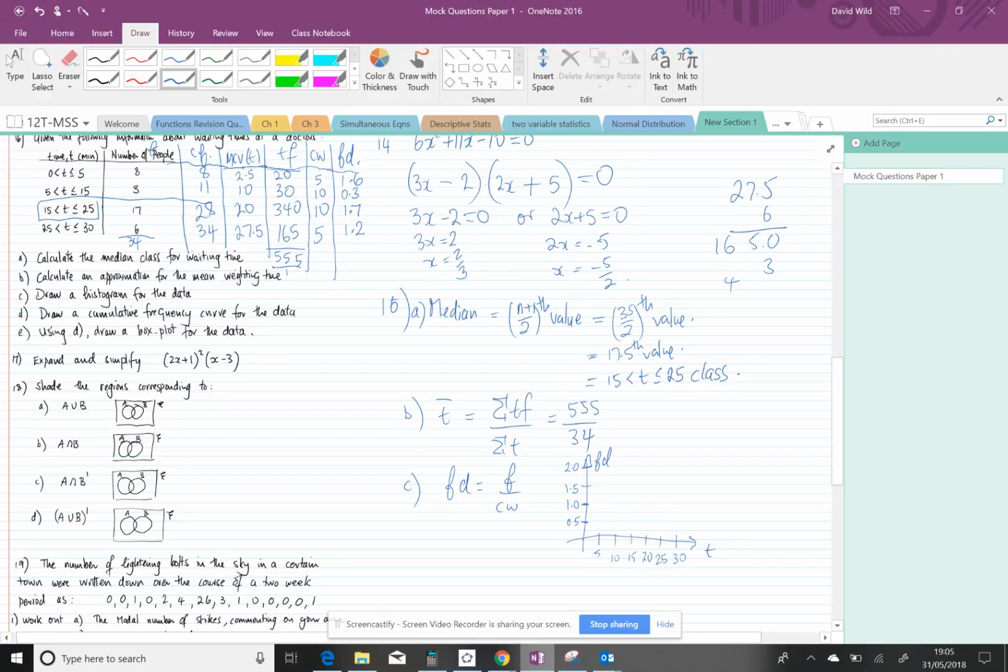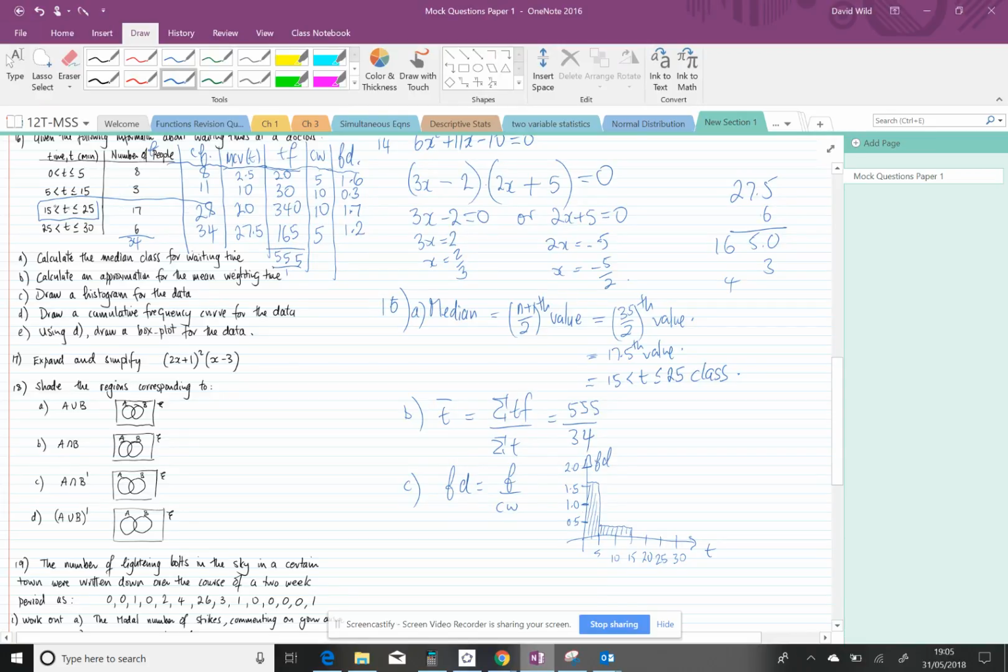So let's do our first class. 0 to 5 has a frequency density of 1.6, so 1.6 is there. Obviously, this will be much more accurate on graph paper. And then 5 to 15 has a frequency density of 0.3, so that's going to look like that.